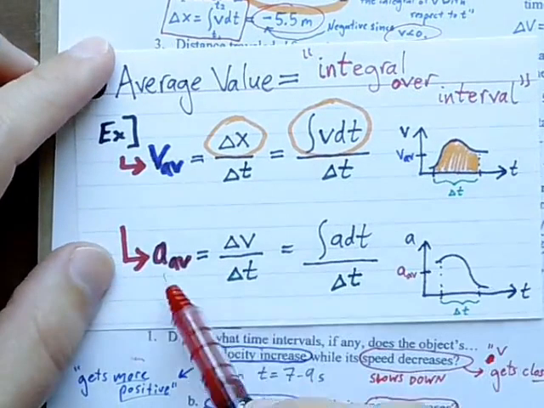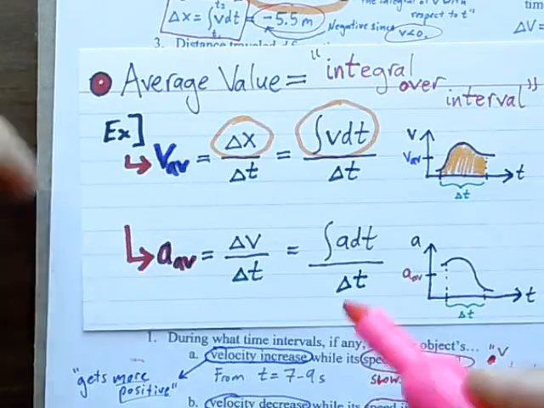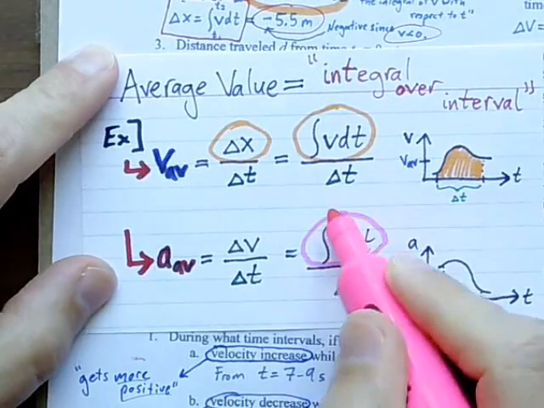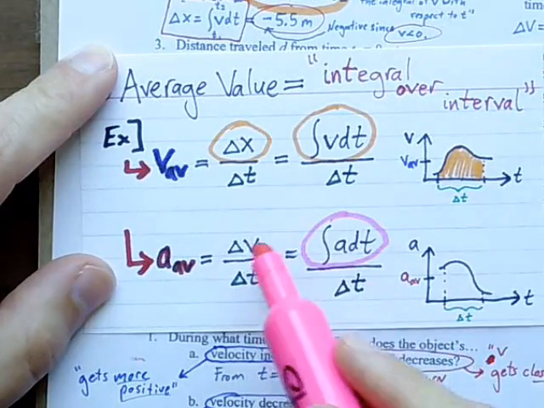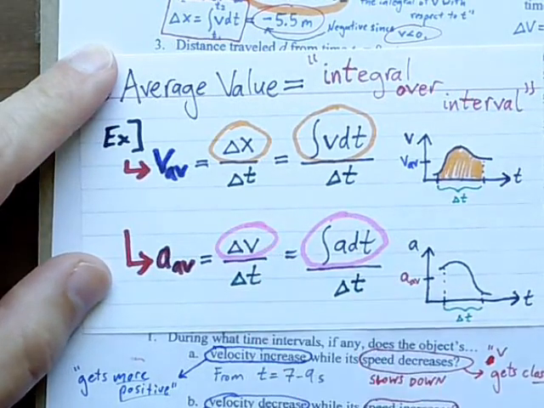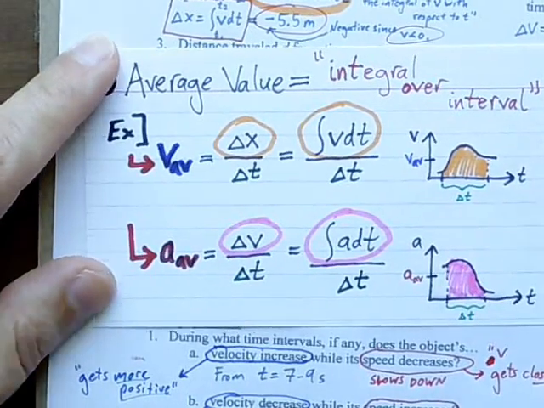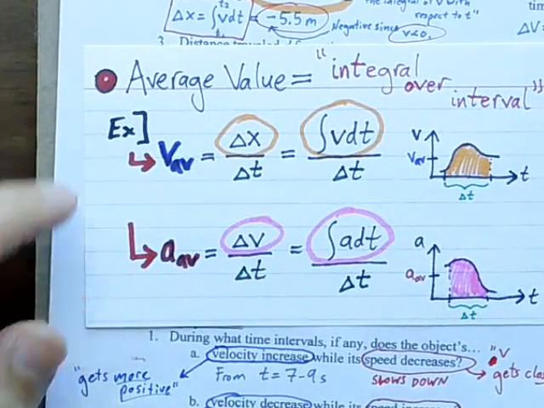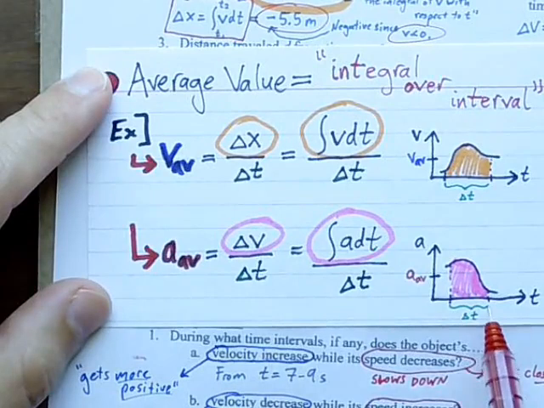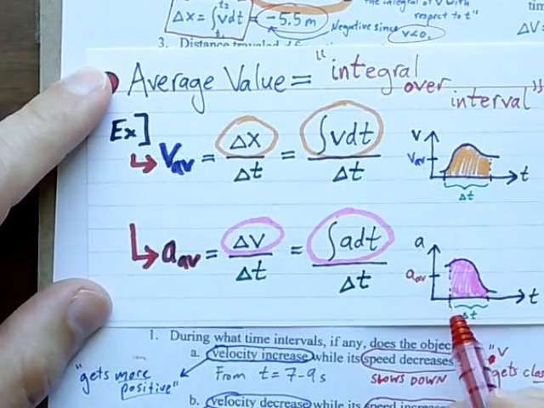Okay, likewise for acceleration, delta v over delta t, this would be this integral of acceleration over time divided by that time interval. So this integral is equivalent to a change in velocity, and this area here between the curve and the zero axis on our acceleration graph, take that area, divide it by the delta t, and what you'll get is the average value of the acceleration during that time interval.